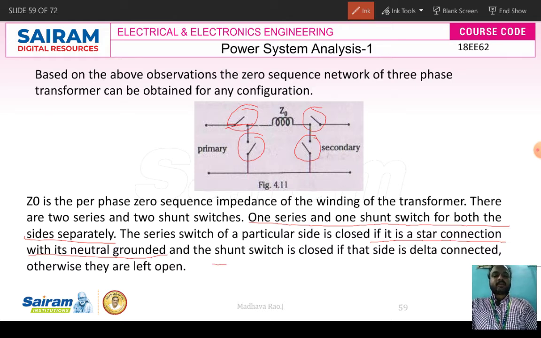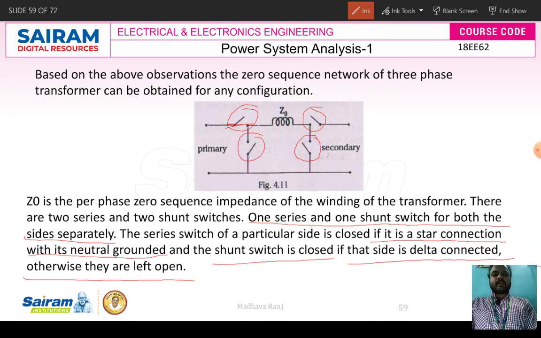Shunt switch is closed if the side is delta connected. Otherwise they are left open. So this is about framing of zero sequence networks.